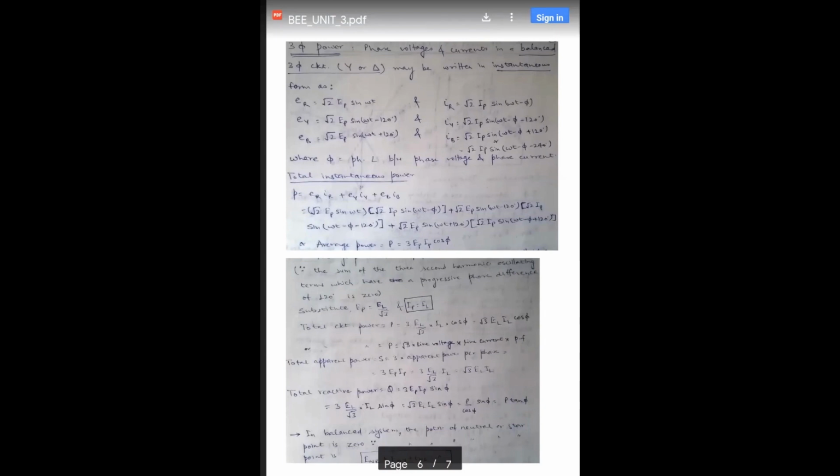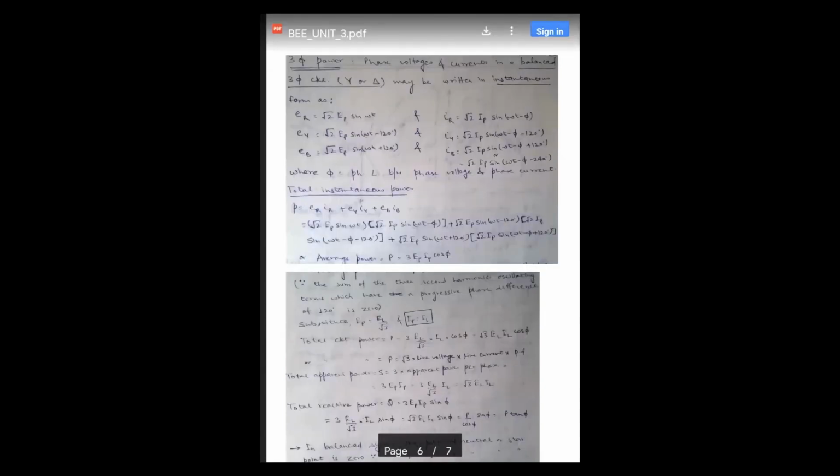The formula remains the same as we discussed in the single phase system, where there was one single phase, so we calculated the instantaneous power as the multiplication of instantaneous voltage and instantaneous current.